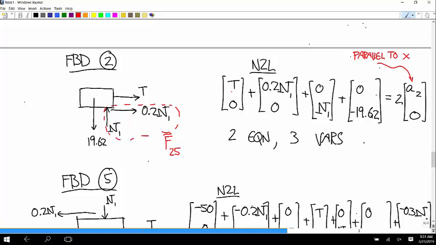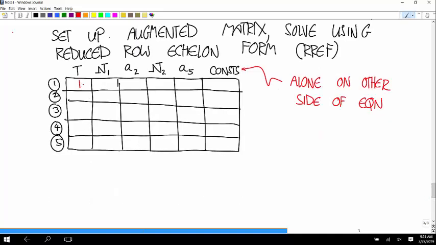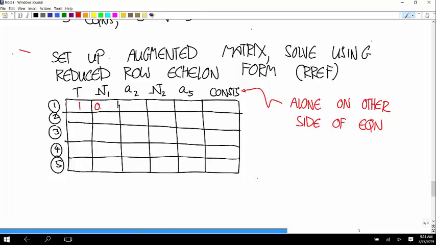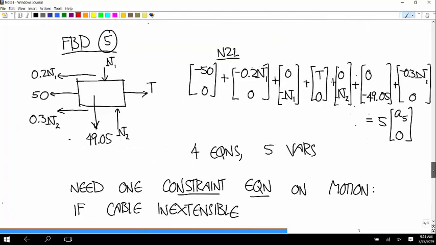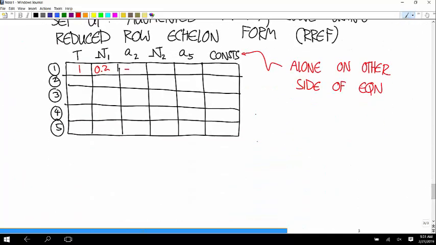So we can rewrite that as T plus 0.2 N1 minus 2A2 is equal to 0. Then we have, for T's, we have 1. That's the coefficient. For N1s, we have 0.2. For A2s, we have -2 because you want to get all of those on the same side of the equation. And everything else is 0.